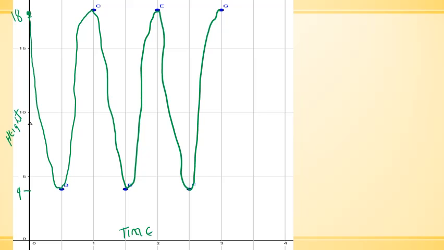And we're being asked for the period. Well, the period starts right here. We cycle down and we cycle back up right here. And so the period is 1. It takes 1 second for a complete cycle.